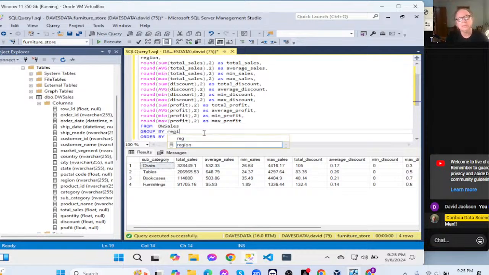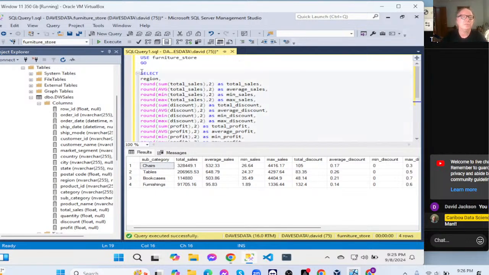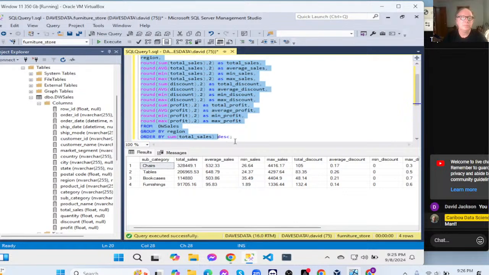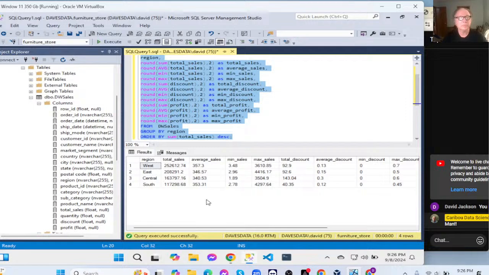So chairs had the most total sales. We can say region. And this right here, some as simple a list is actually a very good way to start out, okay? Because it gives us some idea what the data actually is like.